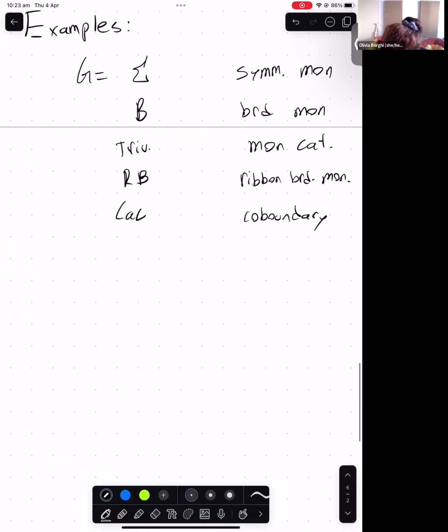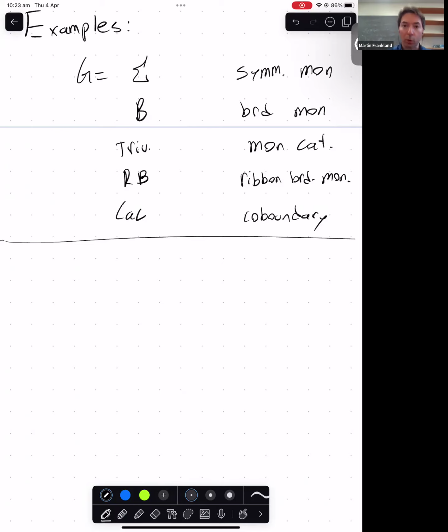Okay. Sorry, Olivia. Yeah, I have a question. If we think of the example of symmetric monoidal categories, and we compare with a maybe more classical definition that I would find on Wikipedia of a monoidal category with this monoidal structure and the associator and the left unitor and right unitor and the symmetry isomorphism satisfying a few equations, then it becomes a theorem, Mac Lane's coherence theorem and its symmetric version, that those are enough to guarantee that any other way of moving the parentheses around will give you the same isomorphism, right?